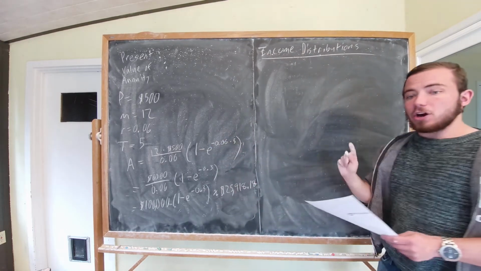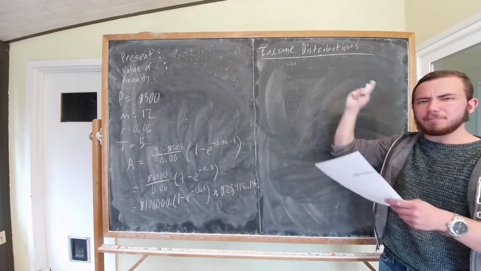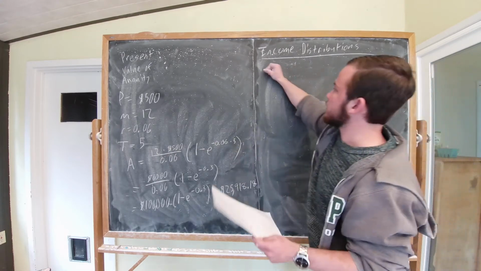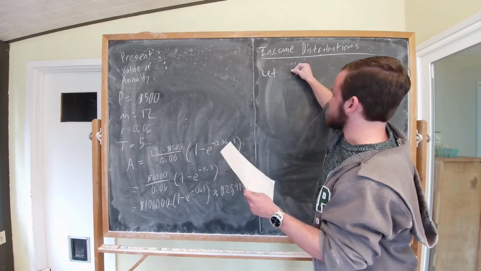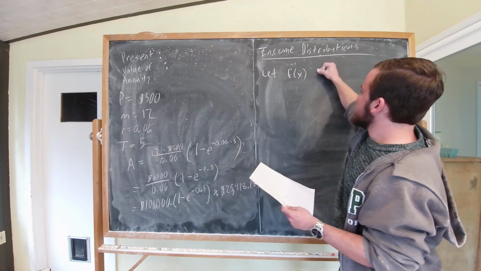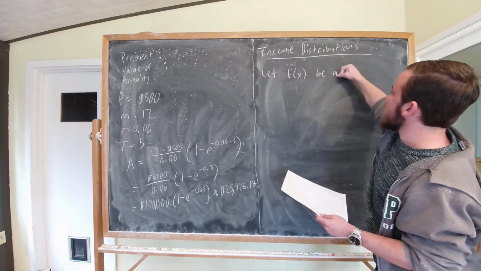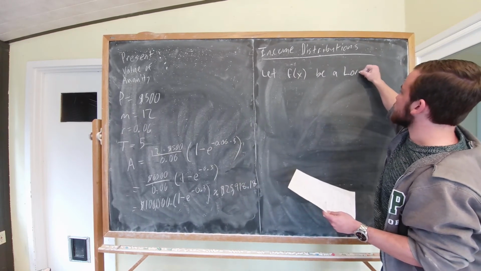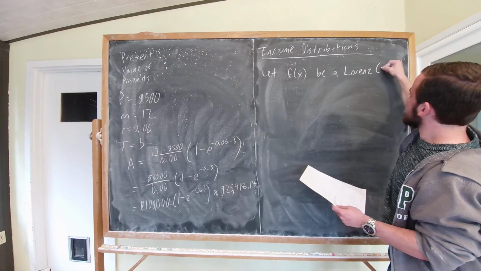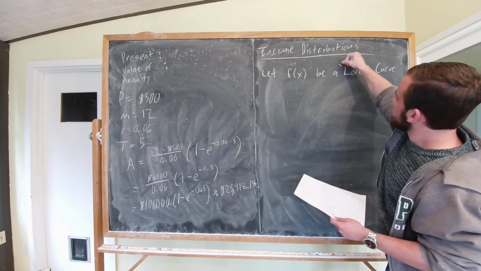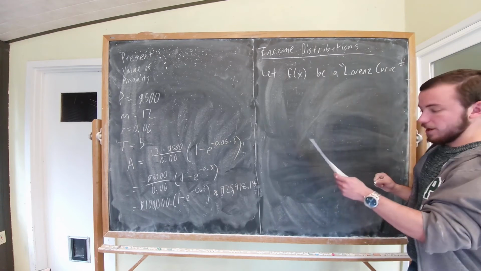All right, so definite integrals are going to be used to study how income is distributed in a society. So how are we going to do that? We're going to let f of x be what's known as a Lorenz curve. You say, what's a Lorenz curve?